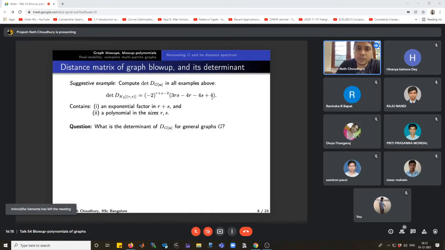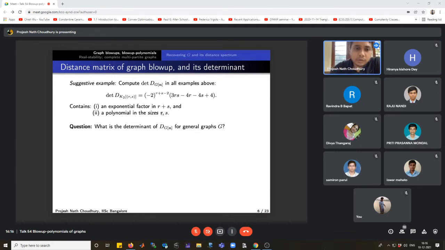One part is exponential in r plus s, where r is the number of copies of the first vertex and s is the number of copies of the second vertex, and then there is a polynomial in the sizes r and s. Note that, interestingly, the distance matrix consists of only 0, 1, and 2, and the size of the matrix includes r and s, but the determinant is a function of r and s. This is very interesting.